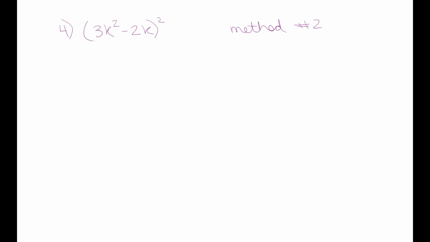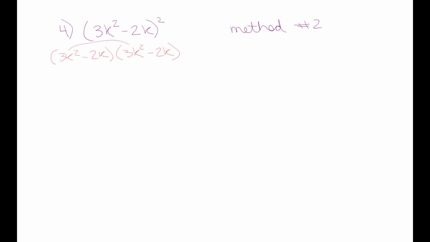This last problem I'm going to show you is the square of a difference. So where am I getting that from? This is a square right here. This is a difference, so the square of a difference. This is just like the other one that I showed you with the square of a sum. It's just a minus sign. If I did it the way that you've been taught in previous lessons, you would just write this twice and apply the distributive property.